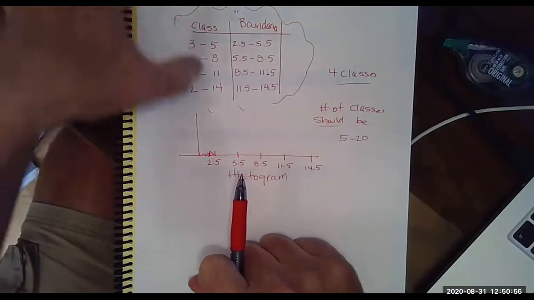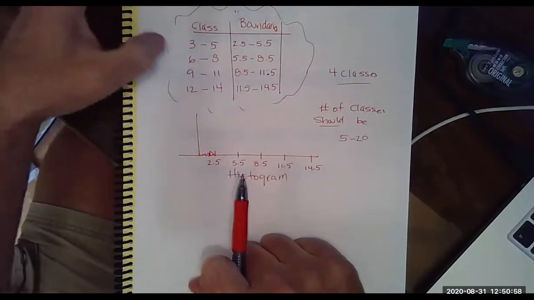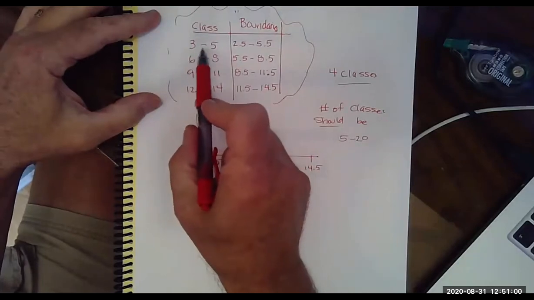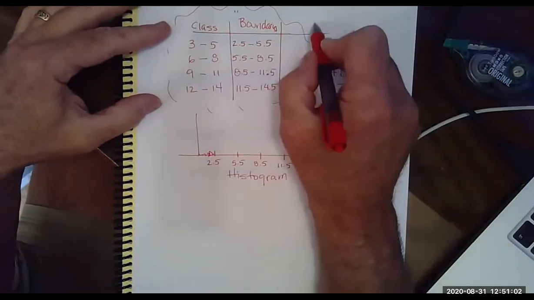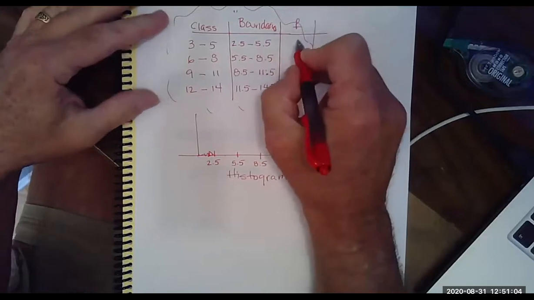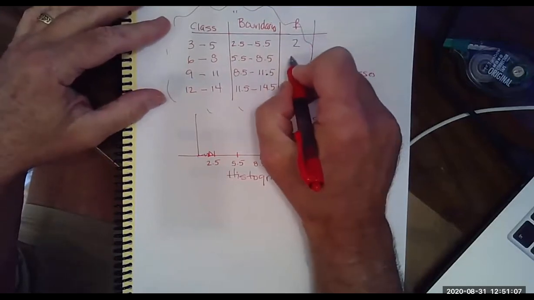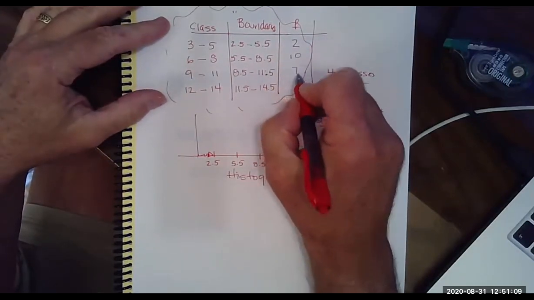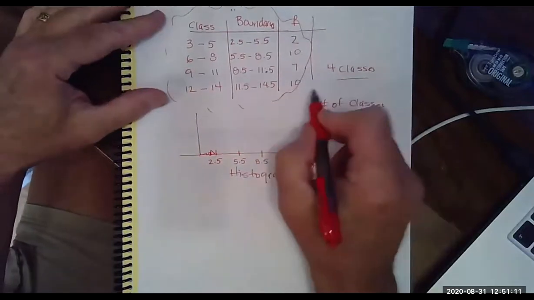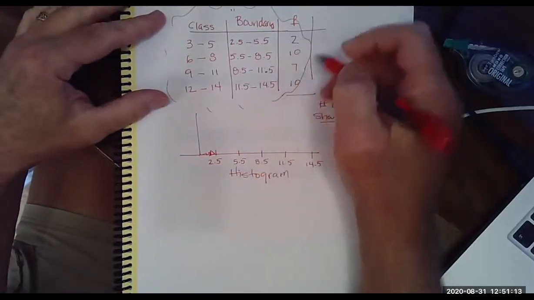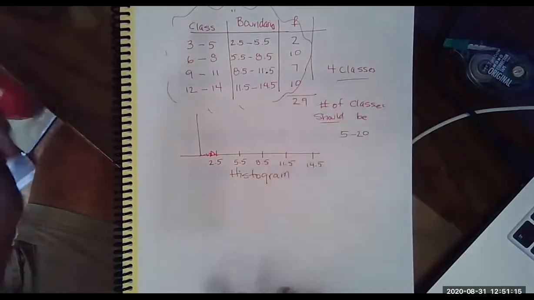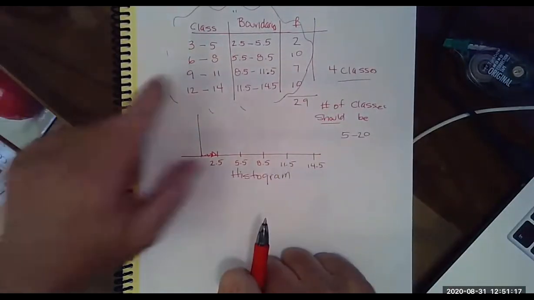So the range is from 14 to 3. Let's say F for frequency. Let's say there were 2 and 10 and 7 and 10. If you add this all together, 29. That says there's 29 data values out there.